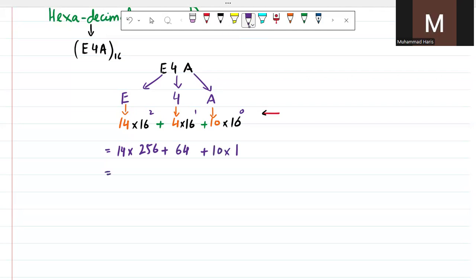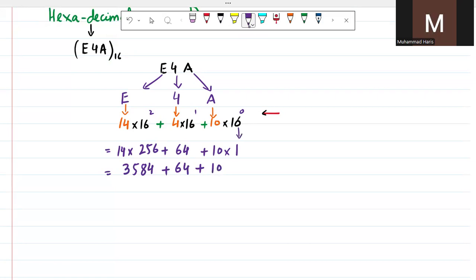So now 14 into 256 becomes 3584, plus 64, plus 10, because 16 to the power 0 is replaced with 1.